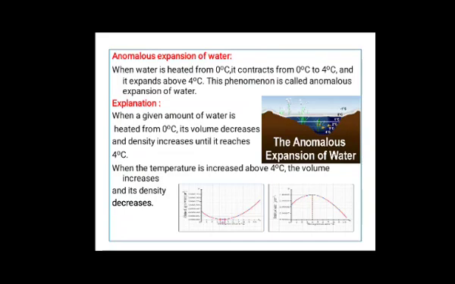Then what happens? The water at the bottom will remain above 0 degree only. So fish and other aquatic life can survive at the bottom of the lake even though the surface is ice during winter season. So this is anomalous expansion of water.